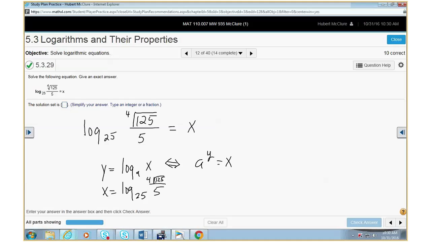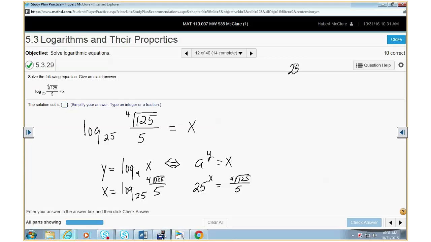So that's going to give us 25 to the x power is equal to the fourth root of 125 over 5. So that's what we got.